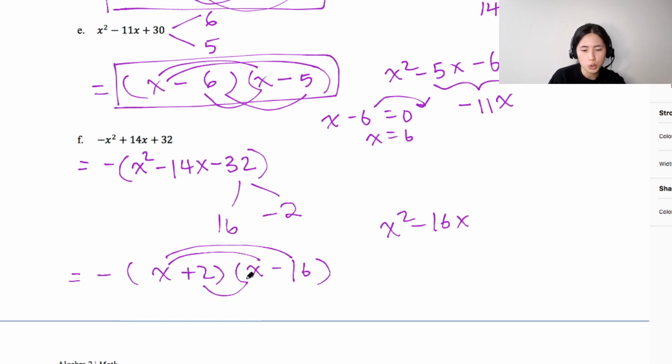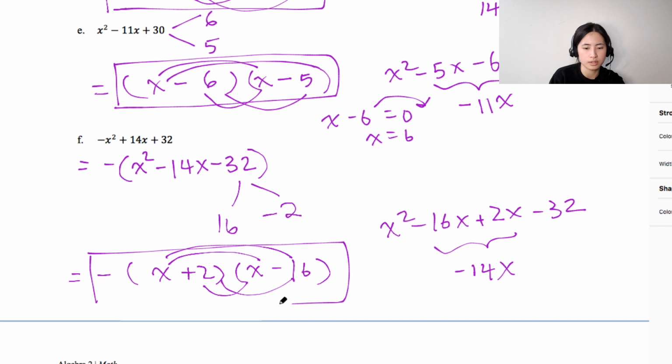If you multiply 2 and x, this is now going to be positive 2x, right? And because we wanted to have negative 14, the only way for us to get there is if you have negative 16 and positive 2, because when you add the 2, you get negative 14x, right? And then on top of that, you still want to have that negative 32. So 2 times negative 16 is negative 32. Therefore, this must be the answer.